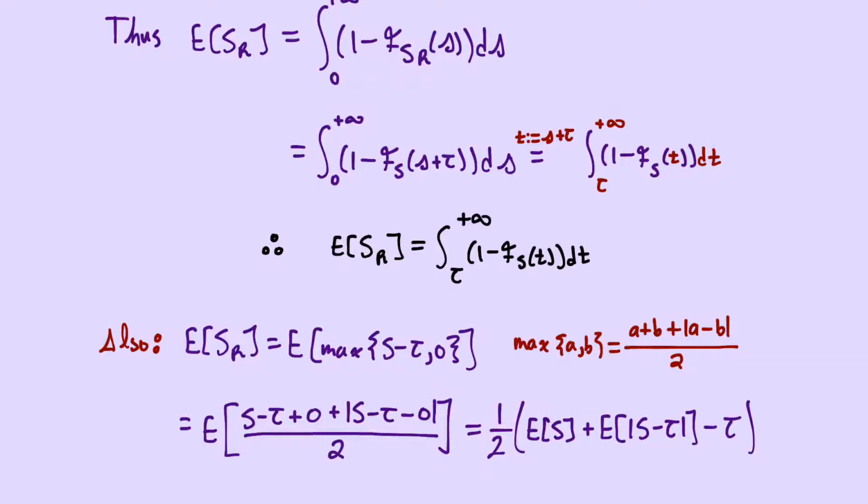You can remember that for any two real numbers a and b, the maximum between a and b you can write as a plus b plus the absolute value of the difference of a and b, and then divided by 2. This is a very nice property for the maximum. There is also a very similar property for the minimum, but in this case, we have to use the maximum.